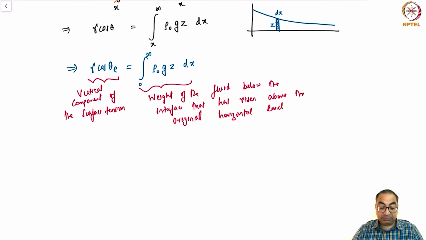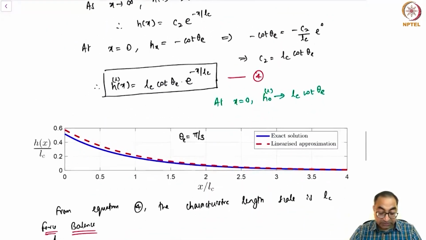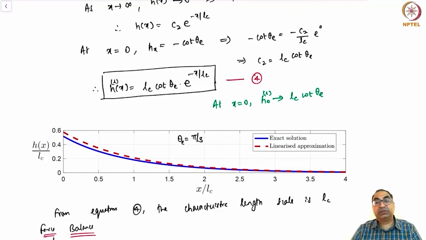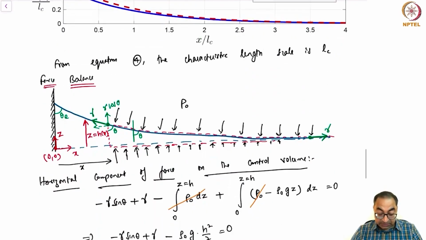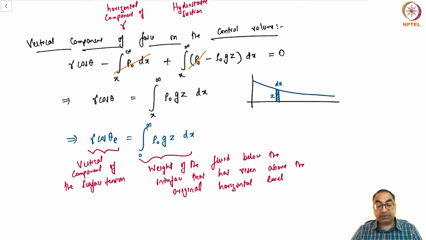So we have looked at the shape of the meniscus in this lecture. We've got the solution of the full nonlinear equation. We've also got the solution of the linearized equation. We've compared the two solutions for one particular case, and then we've looked at the force balance, a physical reason why the meniscus rises.